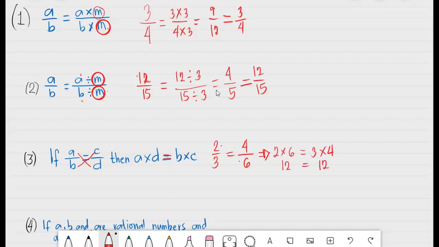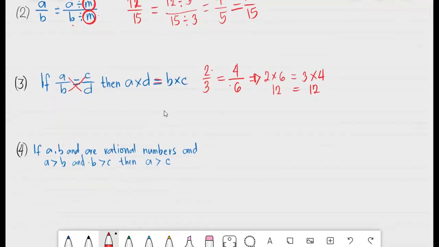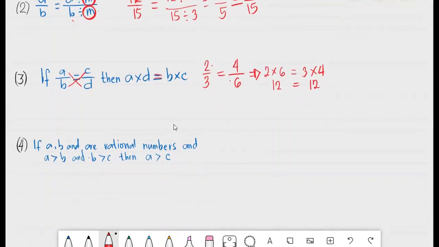Okay, now the last property: if a, b, and c are rational numbers and a is more than b and b is more than c, then a is more than c. Let's say for example we have a, b, and c as rational numbers where a is more than b and b is more than c.